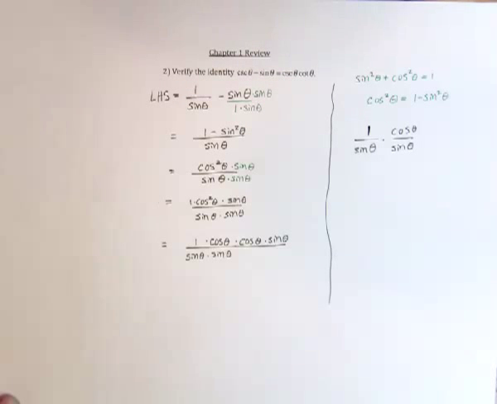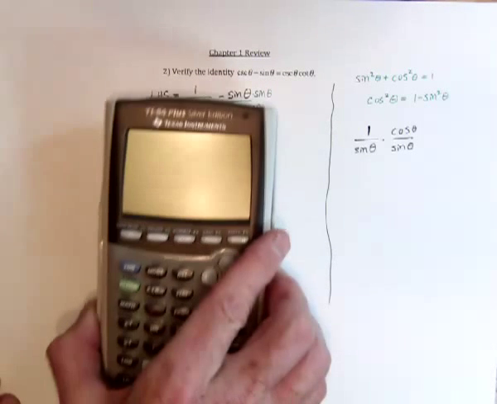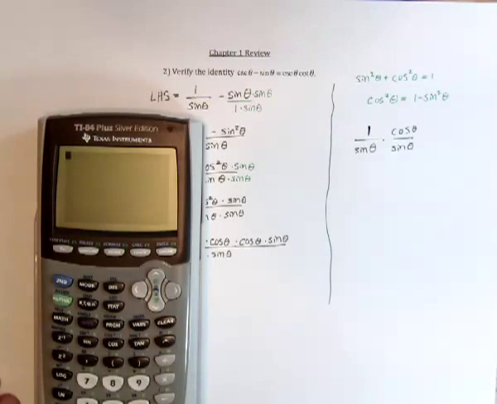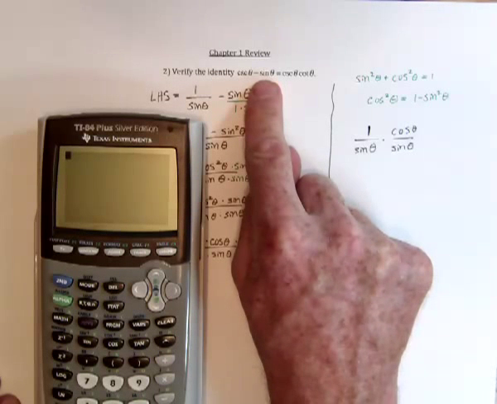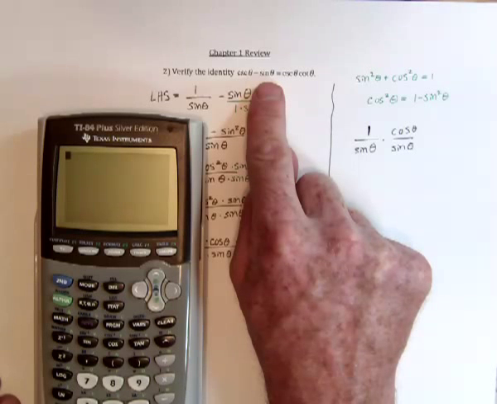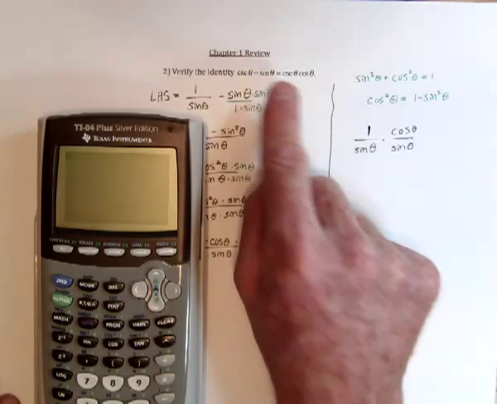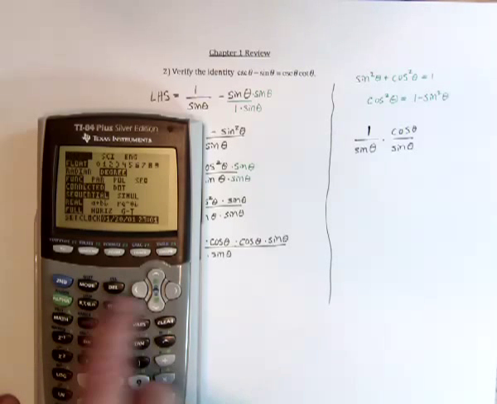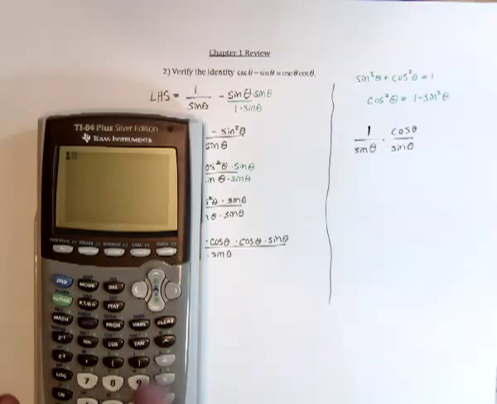So then I'm going to try and prove that this one is actually false. So one way to do it is plug in a number for theta, and if you can find one time when it's false, then the equation is false. So I'm going to try, I'll just pick a number, 23 degrees. So cosecant, 1 divided by sine of 23 degrees, minus sine of 23 degrees is that decimal.